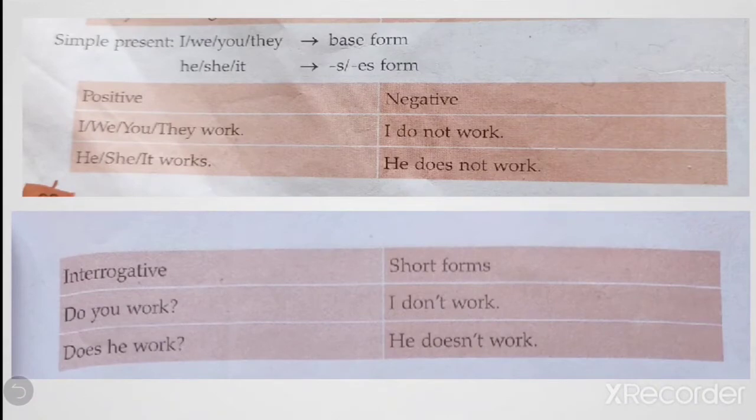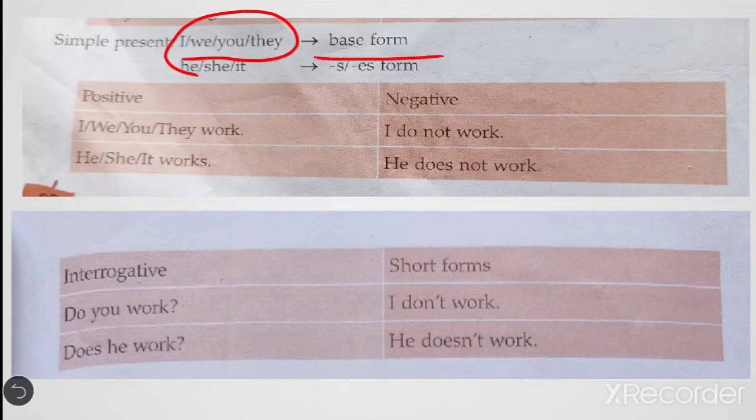Now, in the previous table, we have seen about present continuous, how to form the sentence in present continuous. Now we'll see simple present. In simple present, I, we, you and they: if you use these words, you have to use the base form.